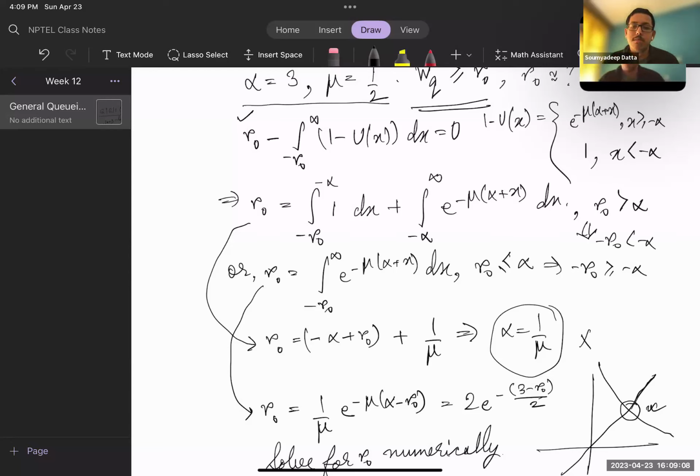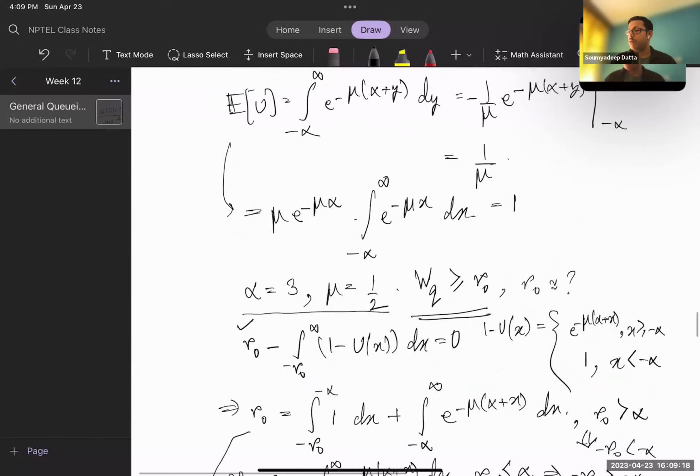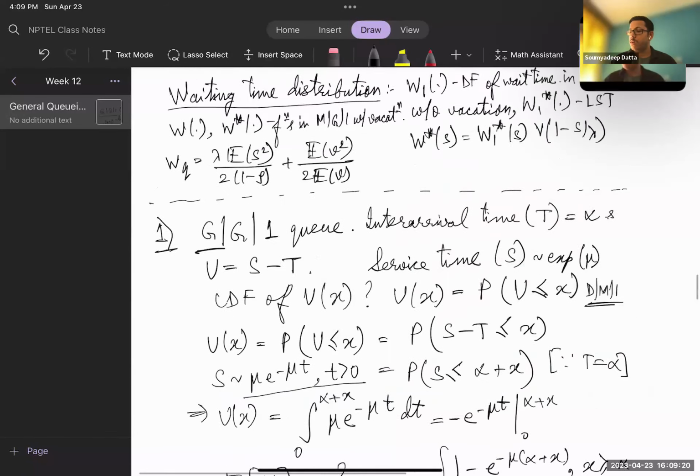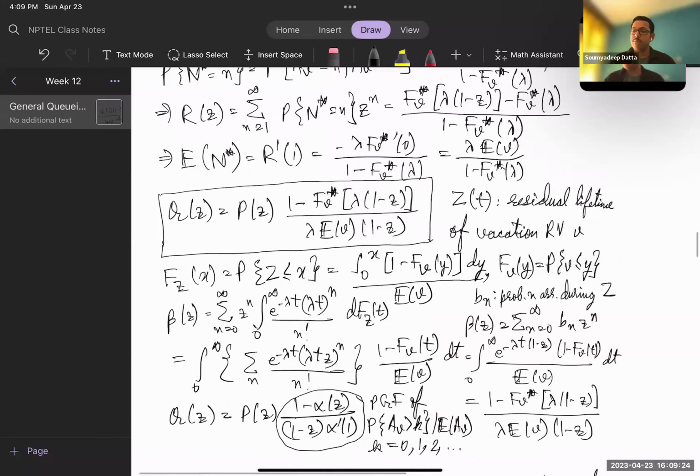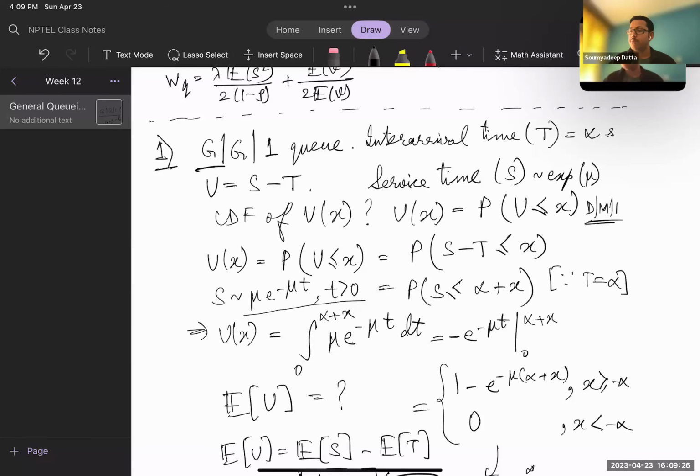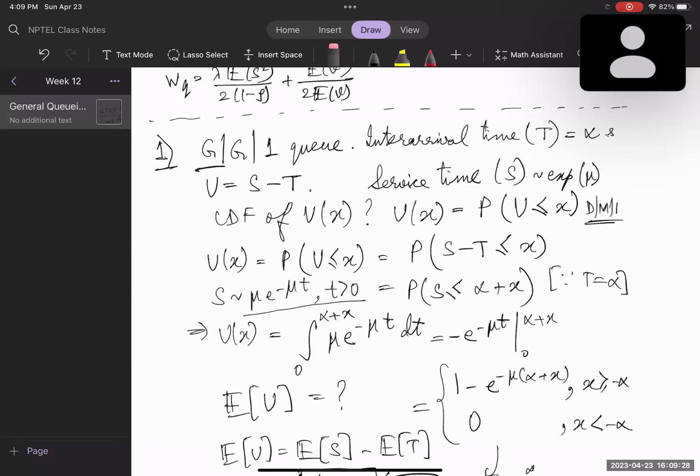Of course, the exact solution will depend on the question. For example, I made the inter-arrival time constant and the service time exponential, and then the whole solution changed quite a bit, but more or less the approach remains the same.